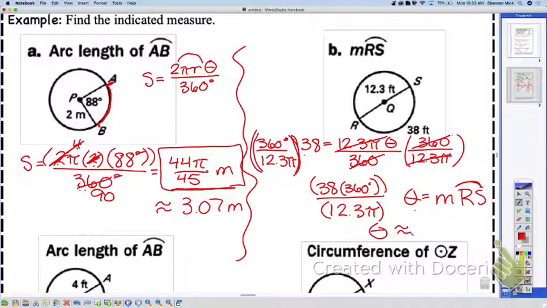So you should get approximately 354.0 degrees. Now, I'm good because I'm less than what? What does it have to be less than? 360. Is it less than 360? Yeah.